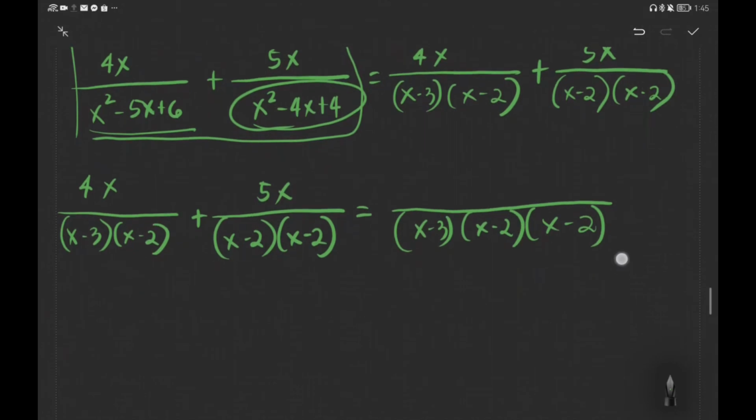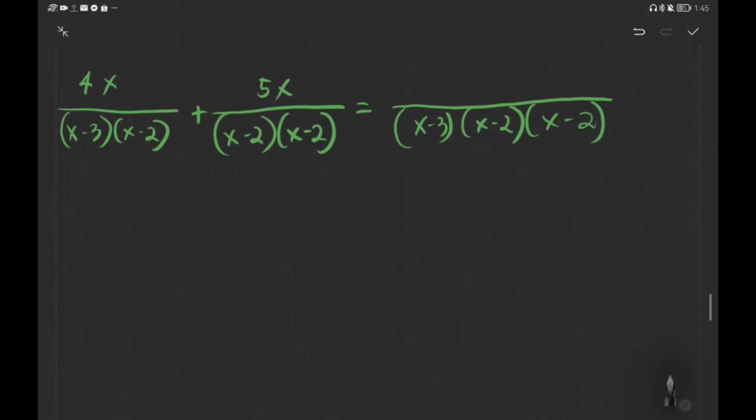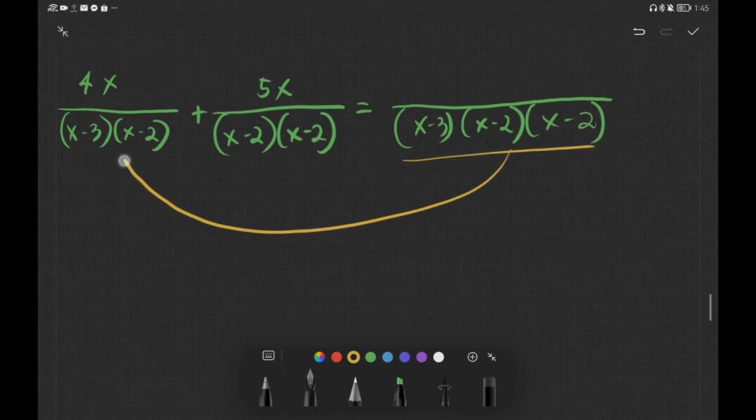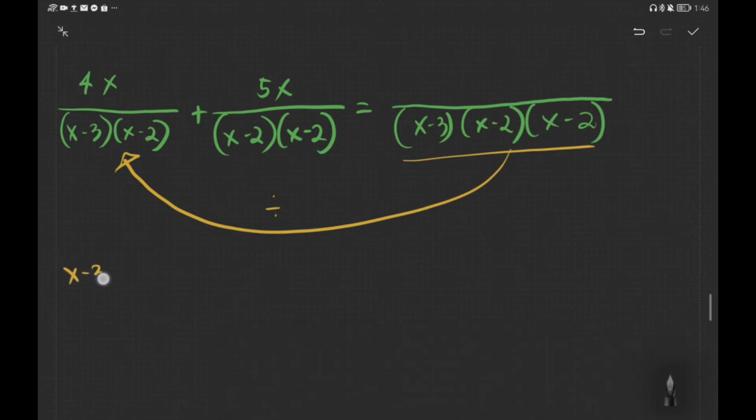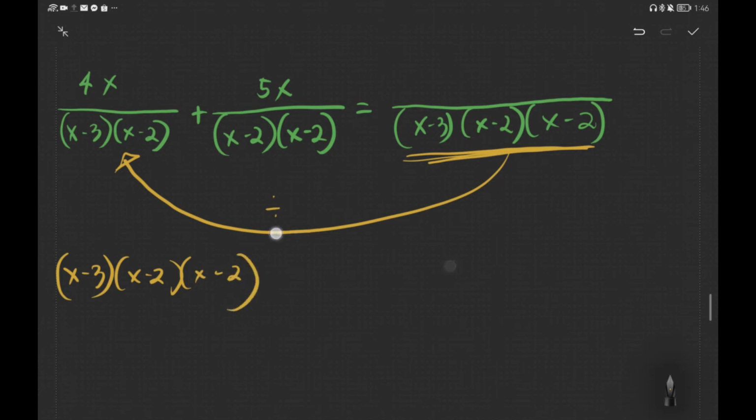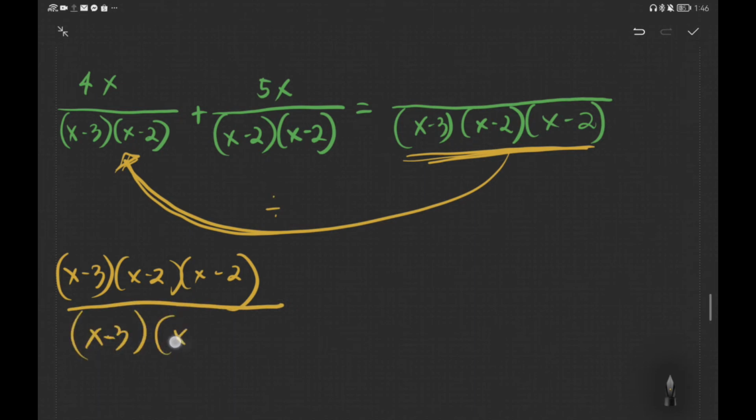Now, let's focus here. The LCD, we divide it by the first denominator. We can apply simplifying rational algebraic expressions. We write x minus 3 times x minus 2 times x minus 2, the LCD, divided by the first denominator, that is x minus 3 times x minus 2.